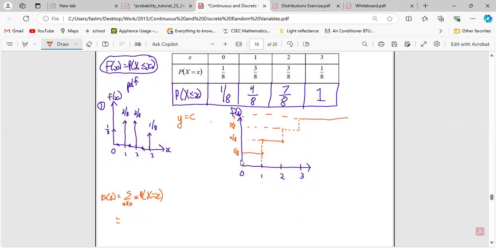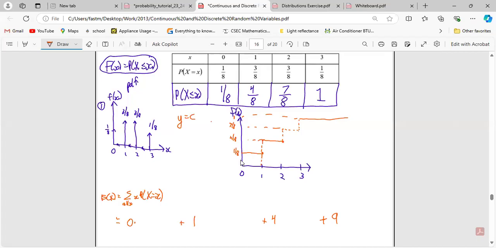So x is 0, so you square that. We do it piece by piece. So 0 squared is 0, plus 1 squared is 1, 2 squared is 4, 3 squared is 9. You could do this in a table, but I didn't leave space.